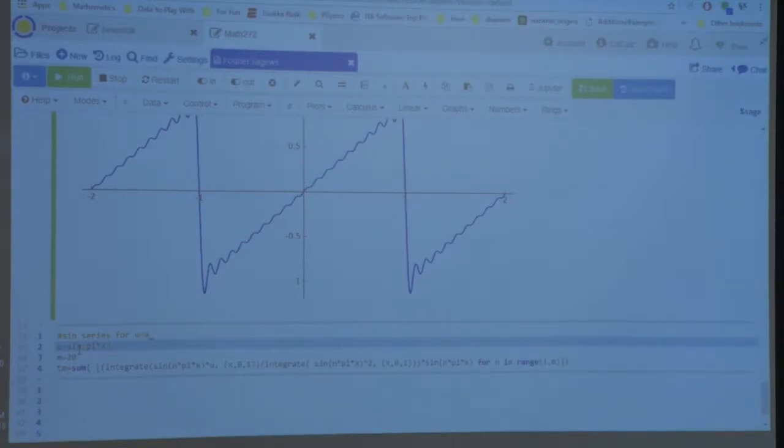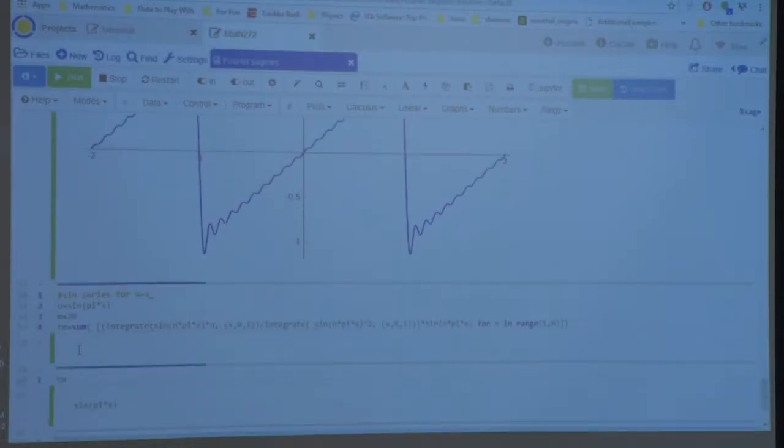Yeah, it should be just 1. It should just return sine pi x, right? Because it's just one of its own basis vectors, right? So it's one of the basis vectors, and if we're going to try and expand it in terms of the basis vectors, it should just return the basis vector, right? So let's do that. All right, and let's see what happened. And see there, we just get the basis vector back, right?